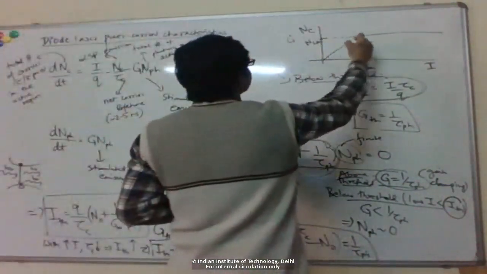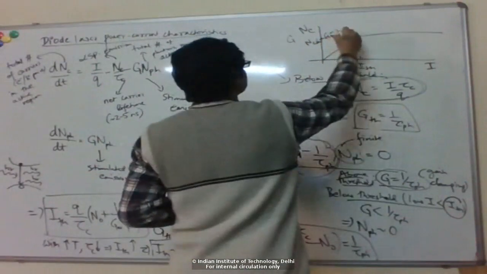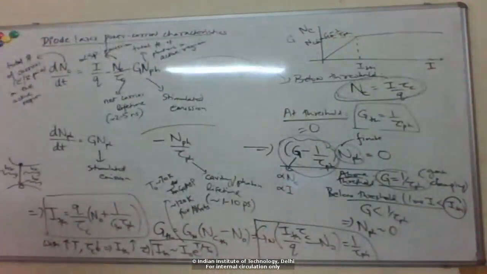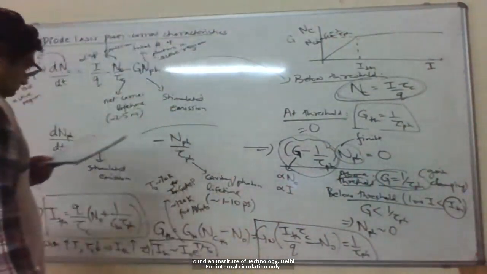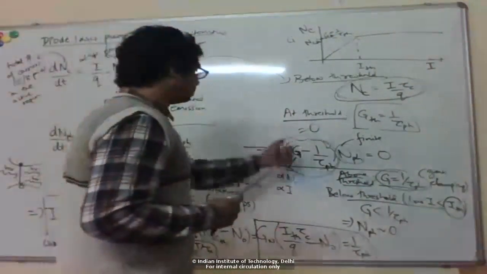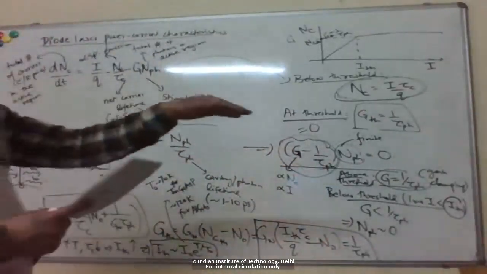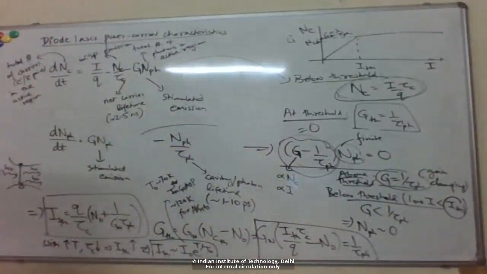Similarly, if you plot G, it increases up to G threshold, which is 1 over tau photon, and it just gets clamped. So the gain gets clamped equal to the cavity loss, even for higher currents above threshold.